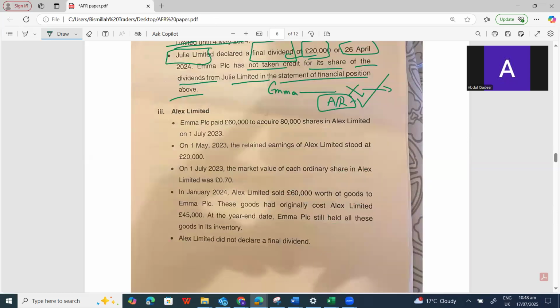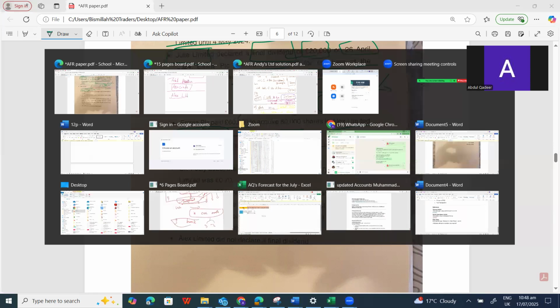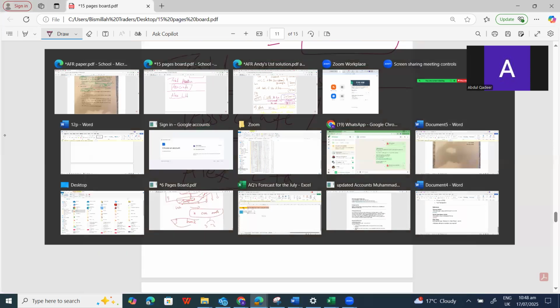Emma Public Limited paid £60,000 to acquire 80,000 shares in Alex Limited on 1st July 2023. Look at the date here. This also needs time apportionment where required.